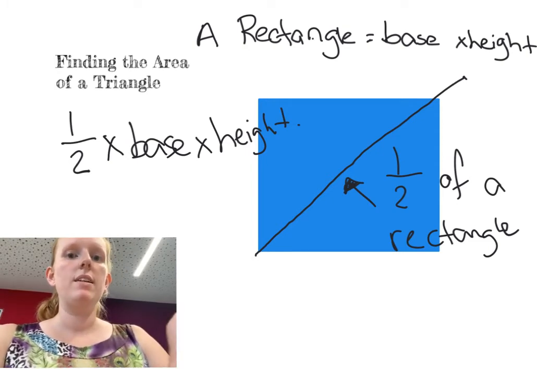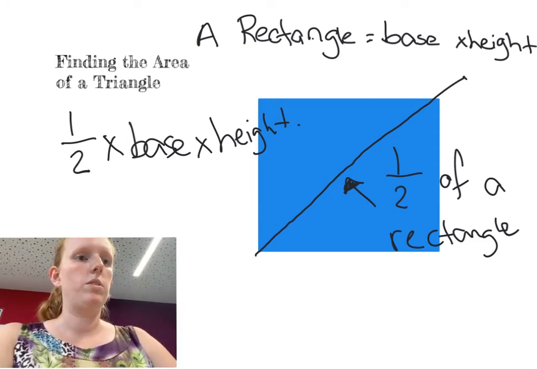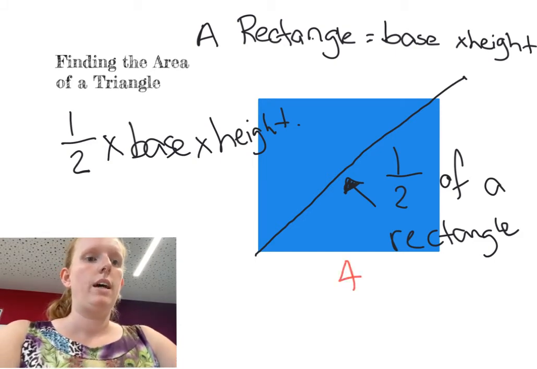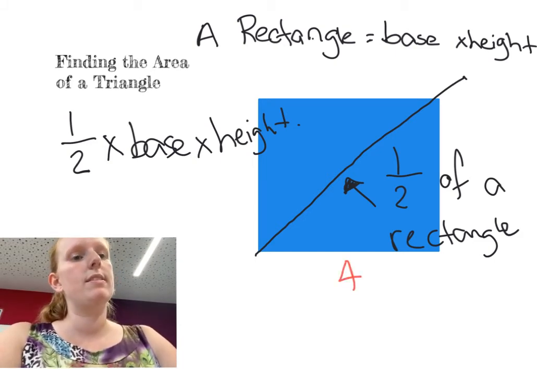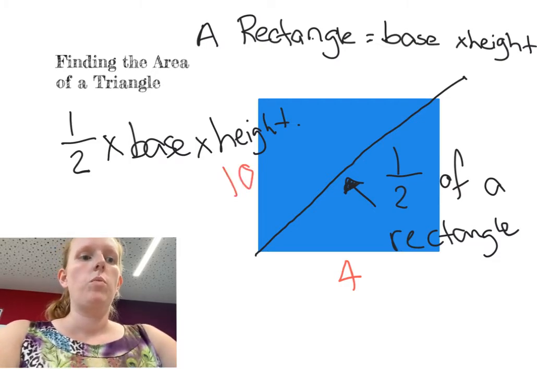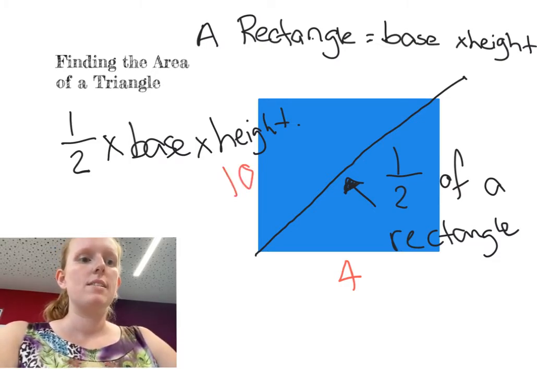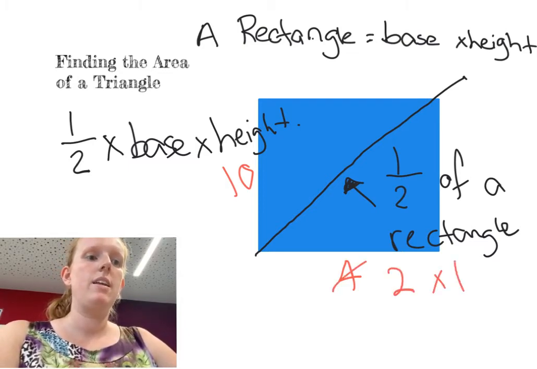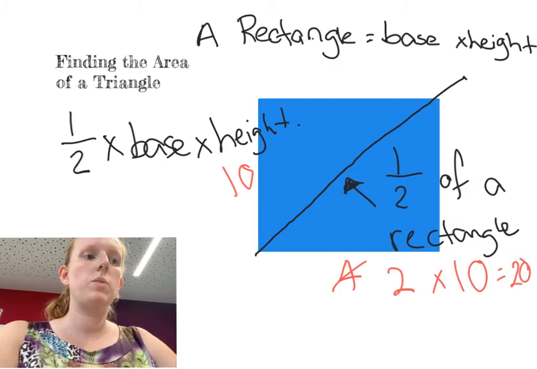So if the base of a triangle was, say, 4, and the height of a triangle was, say, 10, we halve the base, so it becomes 2 times 10, which in this case would give us 20.